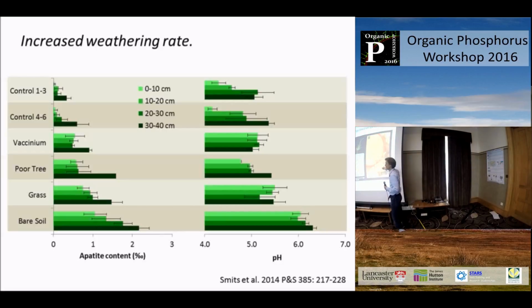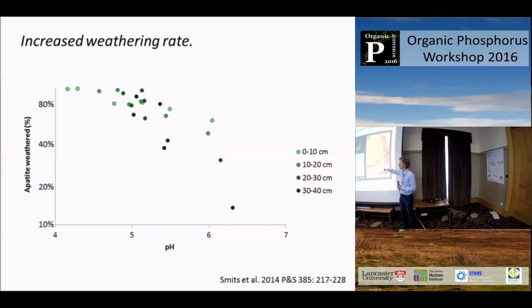We also measured pH. And why did we measure pH? Because pH is a major factor in the dissolution rate of your apatite. Now we got a lot of data. We could look like here, so this is the deeper soil, and the lighter the color, the more on the surface.